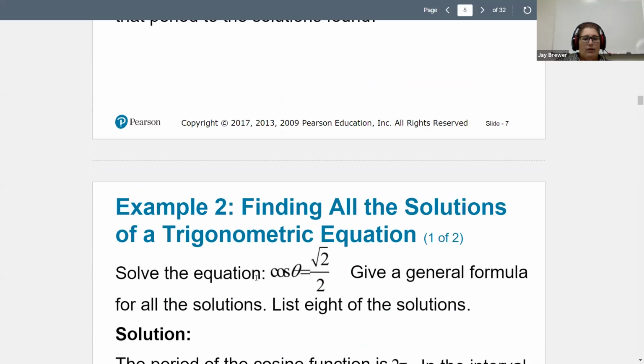If you want to solve the equation cosine of theta equals the square root of 2 over 2, give a general formula for all solutions. Okay, list 8 of the solutions. So when does cosine equal radical 2 over 2? Pi over 4. Okay.